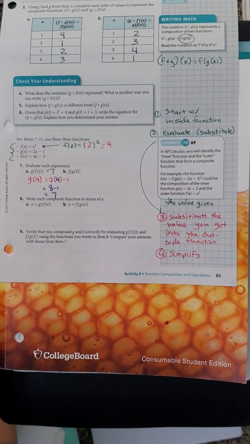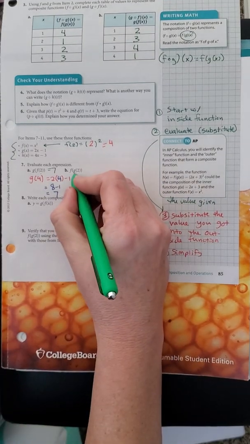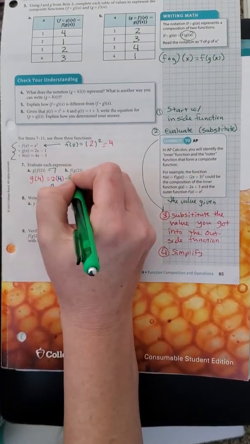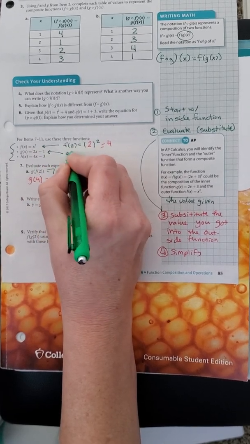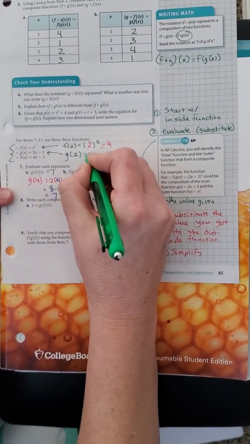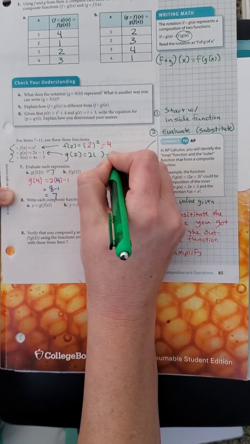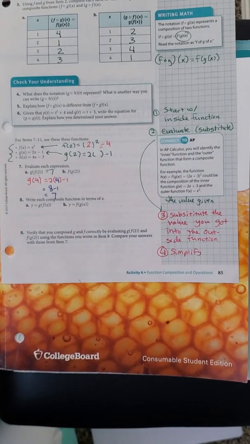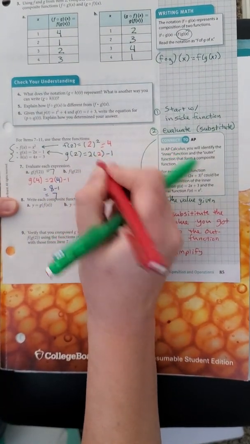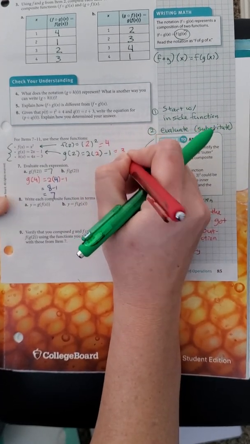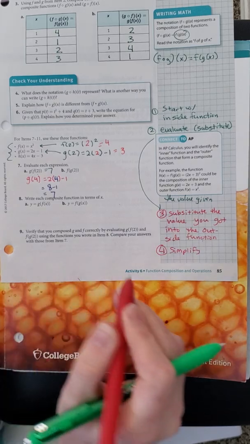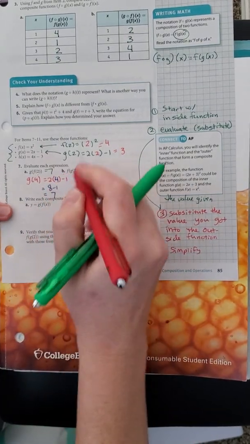Right, we're going to do that again. We're going to find g of 2 because we're starting with our inside function. So I'll start with this function, g of 2. And g is 2x minus 1. But I'm going to substitute in 2. So that gives me 4 minus 1, which is 3. Now I'm going to use that value in the outside function, which is f.